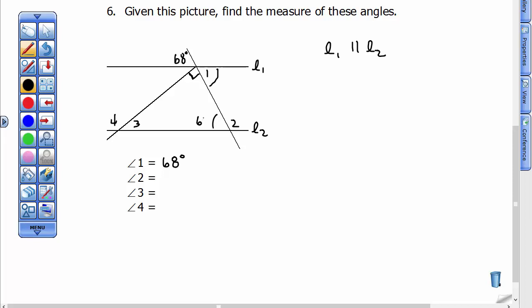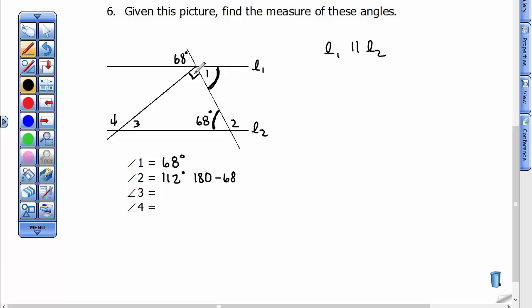So this is equal to 68 degrees because angle 1 is equal to 68 degrees. So is this. So angle 2, since it's formed with the 68 degree angle, and this is a straight line, angle 2 would be found by taking 180 minus 68 and getting 112 degrees.